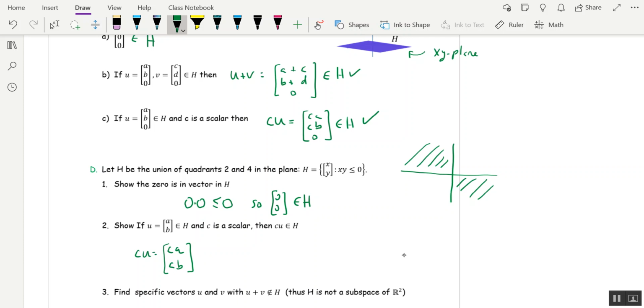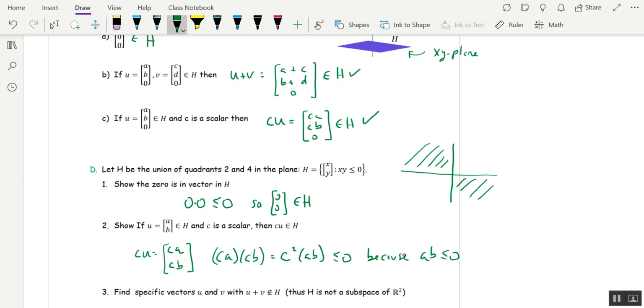We're trying to show it's less than or equal to 0. Ca times Cb is C squared times AB. That's less than or equal to 0 because AB is less than or equal to 0.